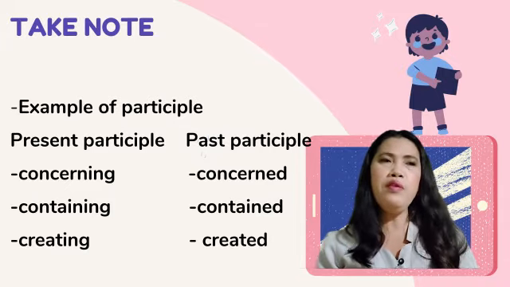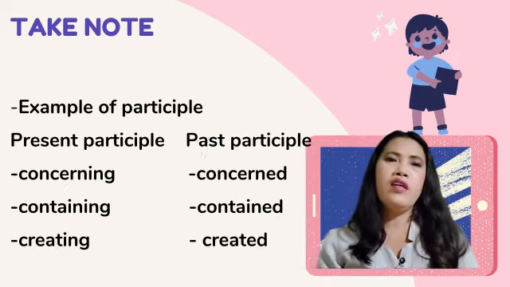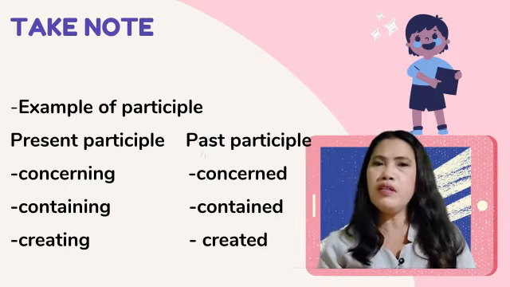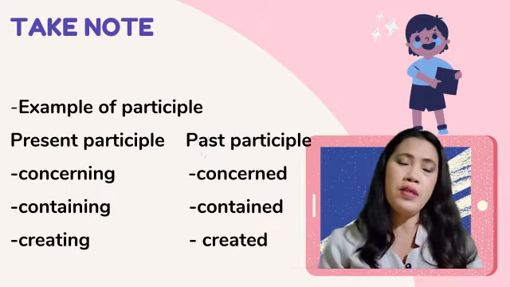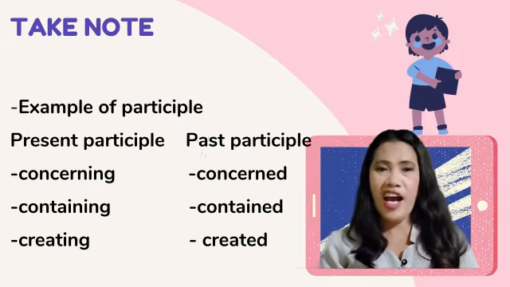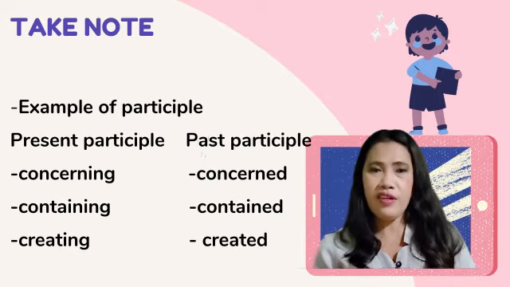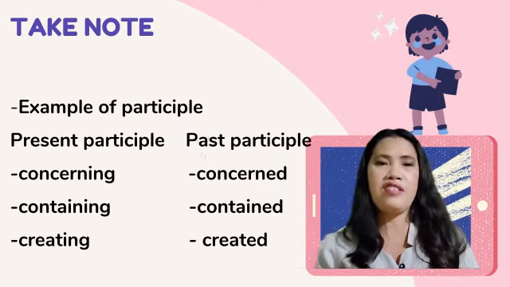So if you see relative pronouns or participial phrases, either a present participle or a past participle, that will serve as your guide that the definition is already in the third part. And of course, don't forget prepositional phrases as well.